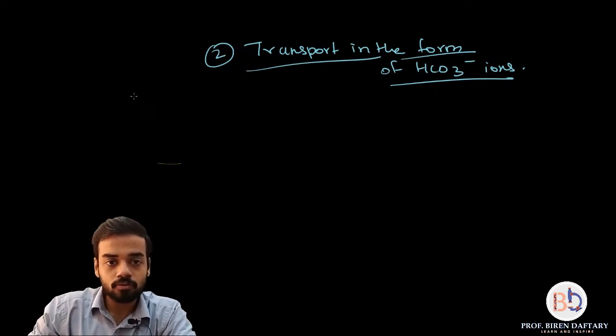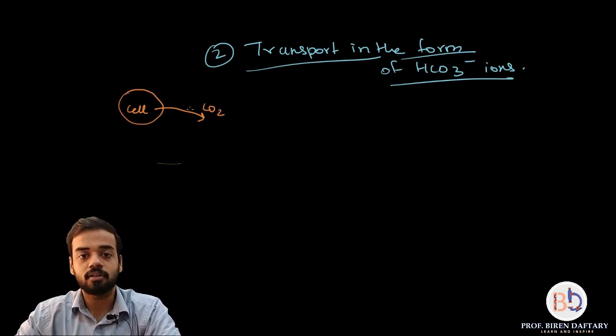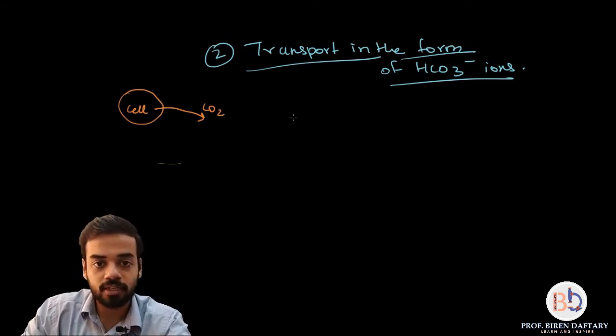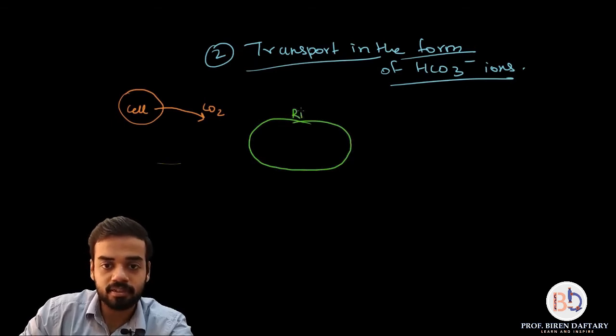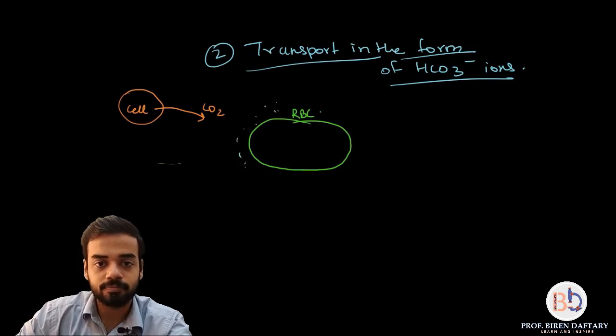Okay, so this is your cell, and from the cell, the carbon dioxide is removed during respiration. Now let us assume that this is your RBC, the red blood cell, and surrounding that red blood cell is the plasma.